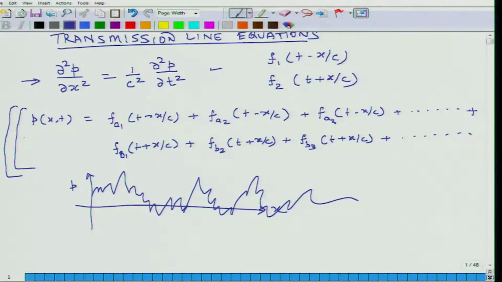And what we have learnt in our earlier classes, not in this particular course, but earlier in our first or second year of physics or engineering, is that some of these functions, especially if they are repetitive in nature, can be represented as a sum of sines and cosines.